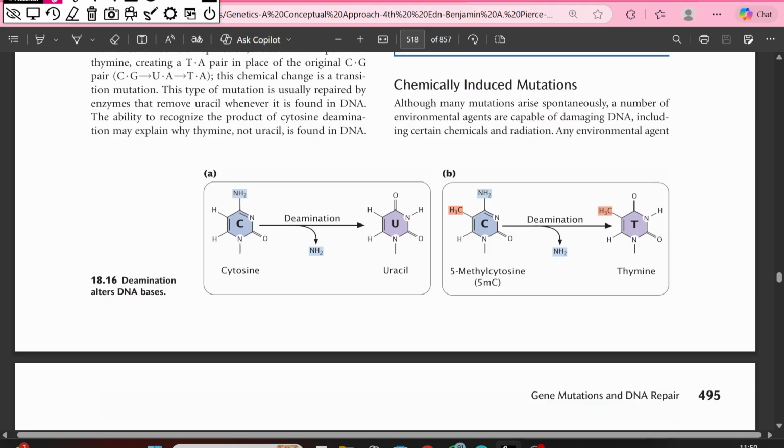So we have to talk about the chemically induced mutations, which will obviously be done by the chemical mutagens. There can be many chemical mutagens, but let's see what they can do. First of all, they can mimic the natural bases, means whatever nitrogenous bases are located in the DNA, these chemical mutagens can mimic them with certain modifications, and when they are inserted into the DNA, they will cause the mutation.